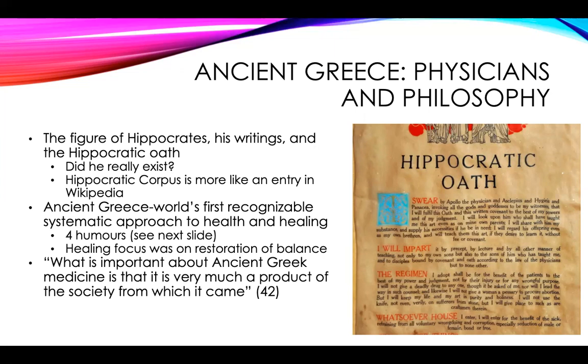So, of course, they believed in it, right? But sociologists would encourage you to think that all medical knowledge, because it's constructed by people in that society at that time, is going to be a product of the society from which it comes.